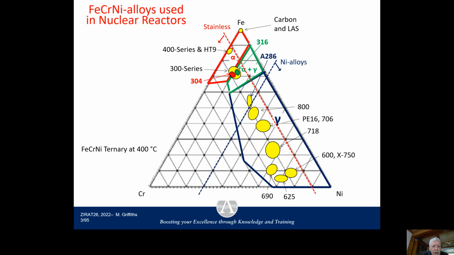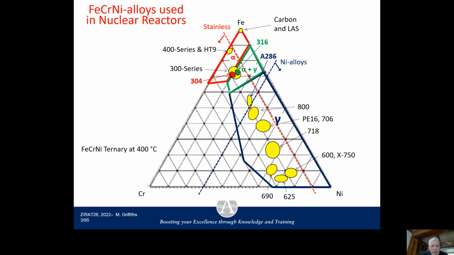And what I put on here is a dashed line to denote the boundary where we would define a material as a stainless steel, and that's typically 11.5 to 12% chromium. And another boundary, which is what you often see in publications, is what people generally define as a nickel alloy.